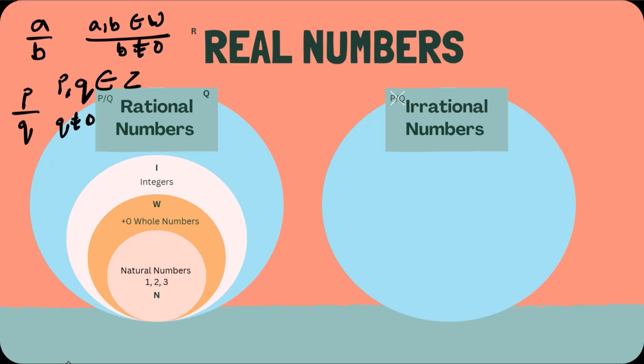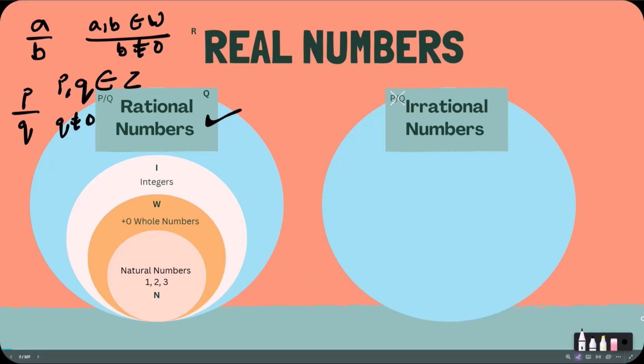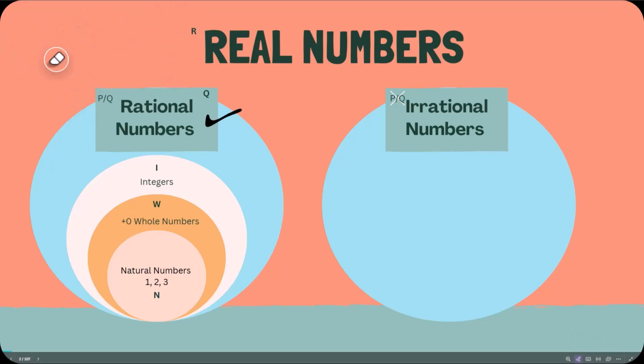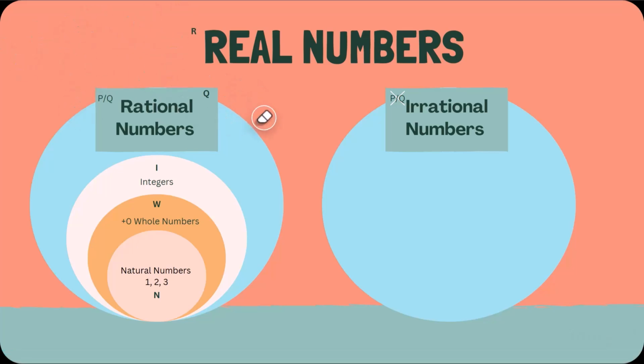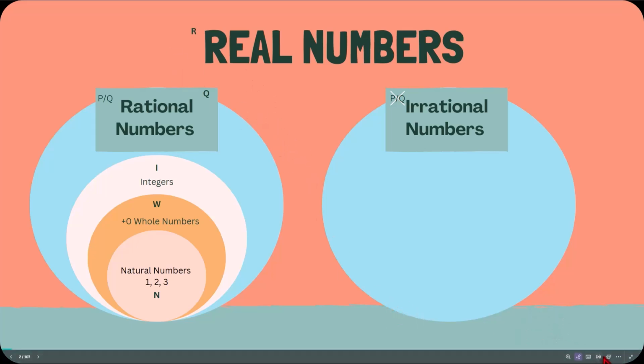This is the definition of a rational number. We represent rational numbers with the letter Q, and R represents real numbers. So remember p by q.